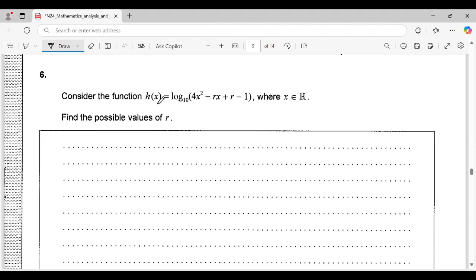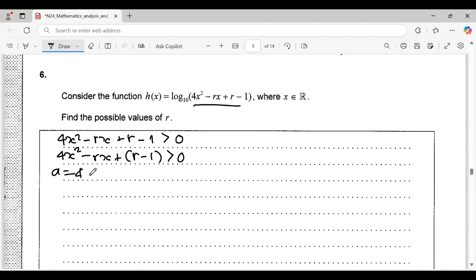If it is positive, it means 4x squared minus rx plus r minus 1 should be greater than 0. We can write 4x squared minus rx plus r minus 1 greater than 0.